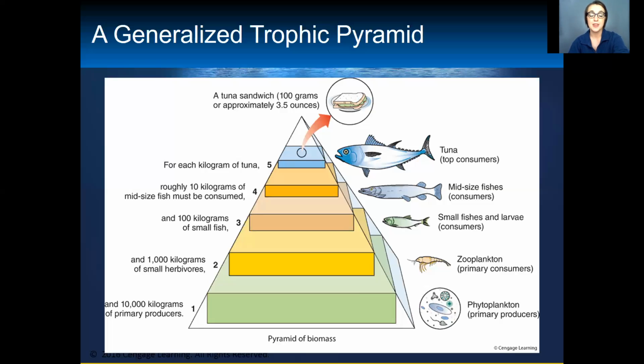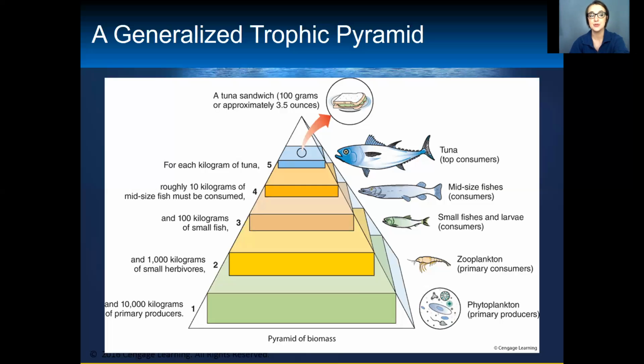They're going to drop from 1,000 to 100 kilograms of that energy. And then again, moving from small fish to our mid-sized fish, this is going to drop 100 to 10. And then all the way to that very top consumer, this is going to drop it all the way down to a kilogram apiece. So we've now gone from 10,000 kilograms of energy down to a single kilogram of energy.